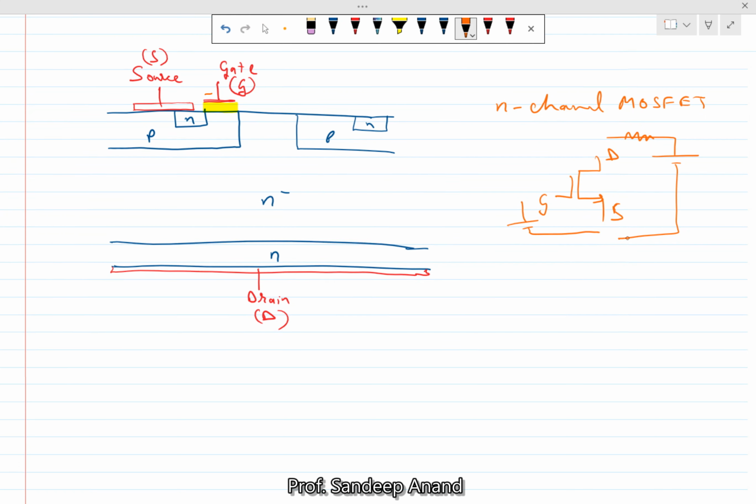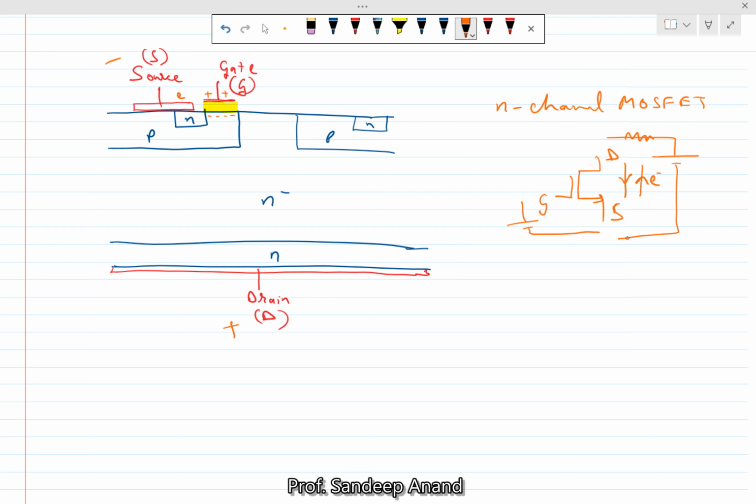So if the gate has positive voltage, in that case, in this P layer, electrons come and settle very close to the gate. Now, if the drain is at a positive potential with respect to the source, current will try to flow from drain to source. In other words, electrons will try to flow from source to drain.